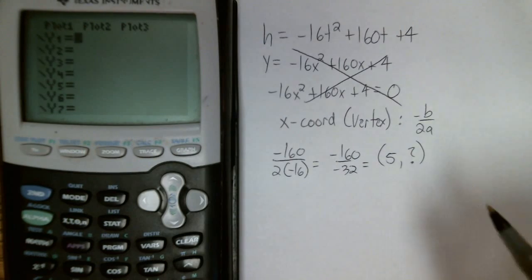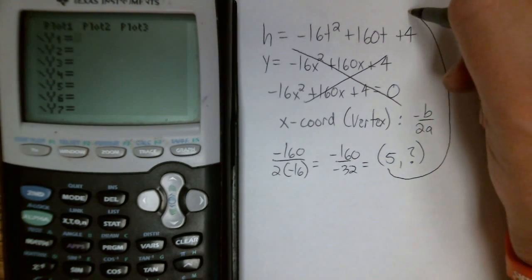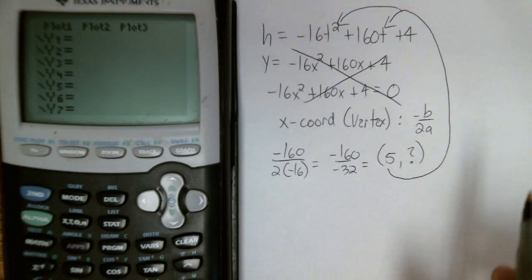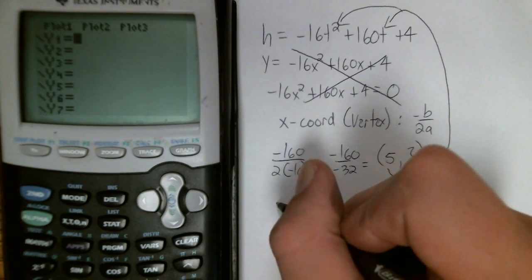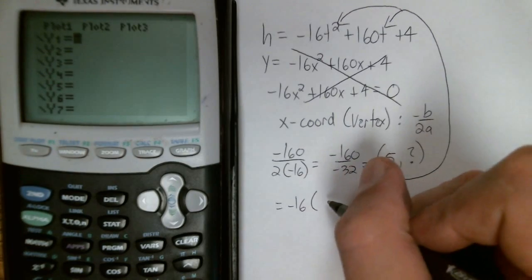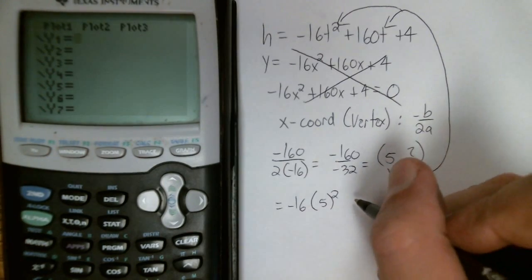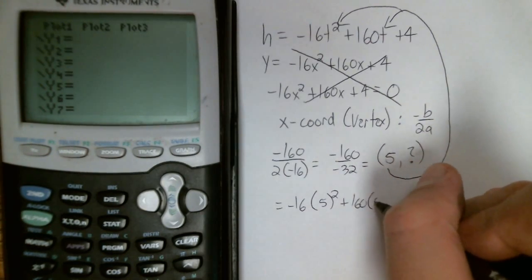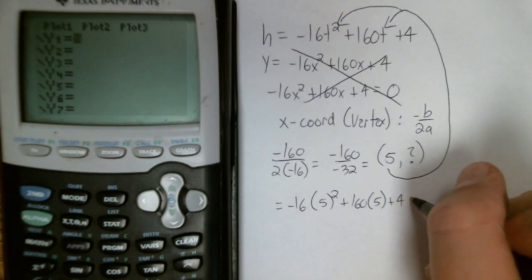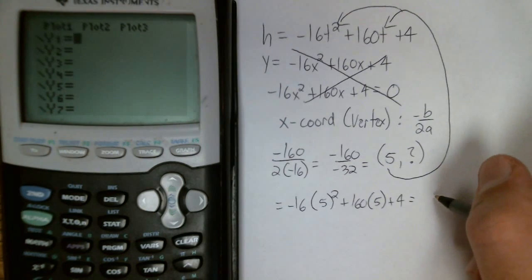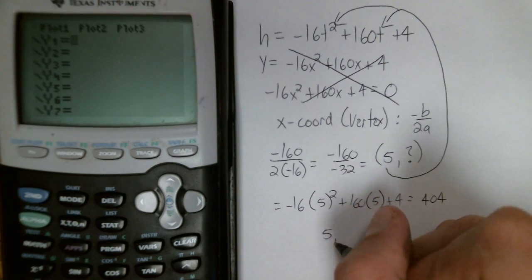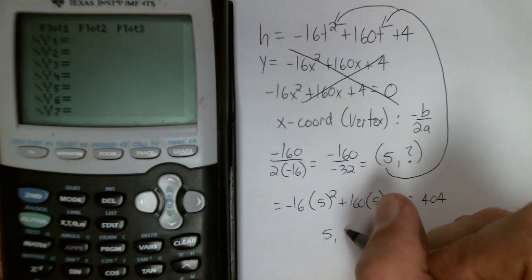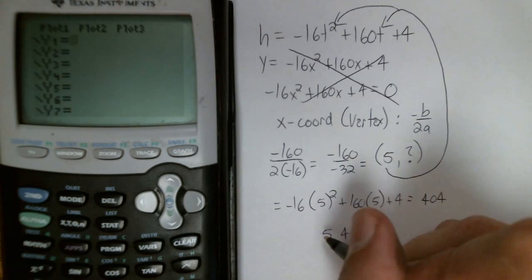I take this x-coordinate and plug it back in for my x's, or for my t's. So I get negative 16 times 5 squared plus 160 times 5 plus 4, and if I work out that math in my calculator, I get 404, which means manually the coordinates of my vertex are 5 comma 404.